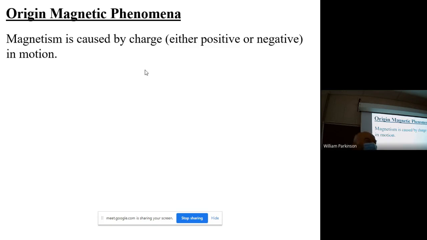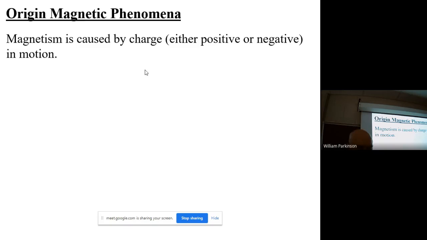If you have electrostatic, you can have electric attraction, but not magnetic attraction. I'm saying those words again because they may be important at some point.